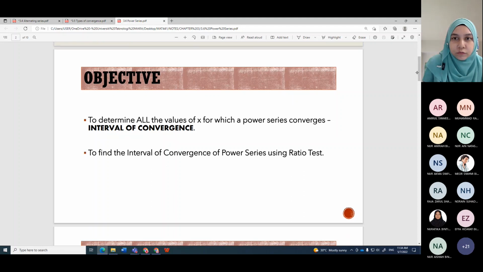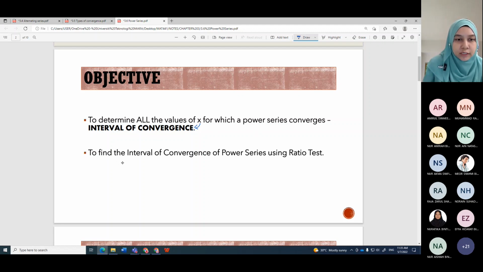So objective for power series, okay, to determine all the values of x for which a power series converge. Or we find the interval of convergence for power series. X is the interval for power series. Kita nak cari interval of convergence for power series.